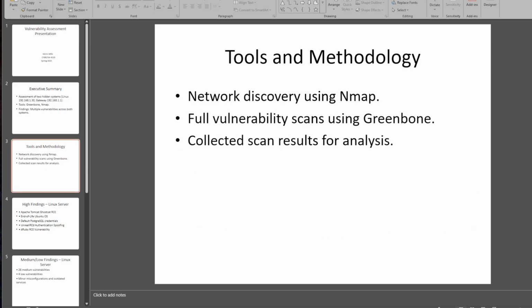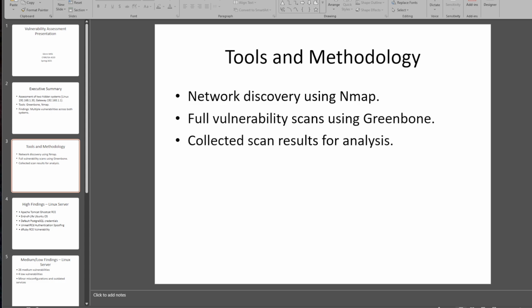So, the tools and methodology used. To begin, I used Nmap to perform a full network discovery across the subnet, scanning for live hosts and open ports. Once the hidden systems were identified, I configured vulnerability scans in Greenbone, selecting the full and fast scan profile.